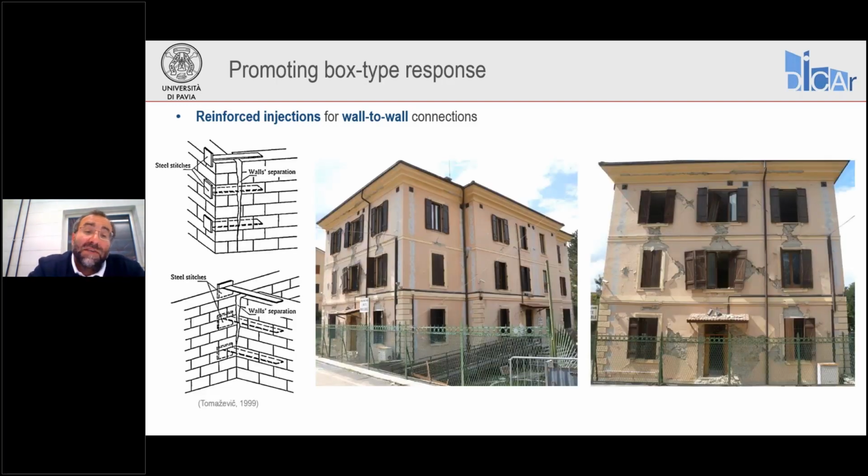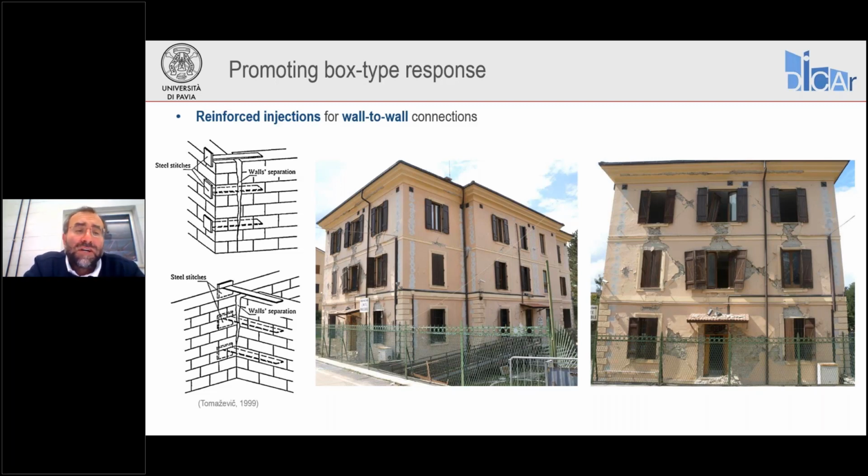Now, this technique basically consists in stitches inserted within holes at the intersection. They should bridge any eventual crack that would form for separation between the two walls with the overturning mechanism, and it will connect the wall which is overturning out of its plane to the one that is resisting in its plane.